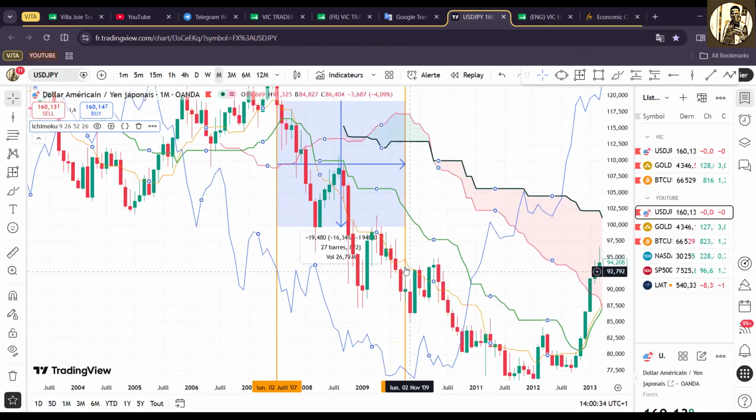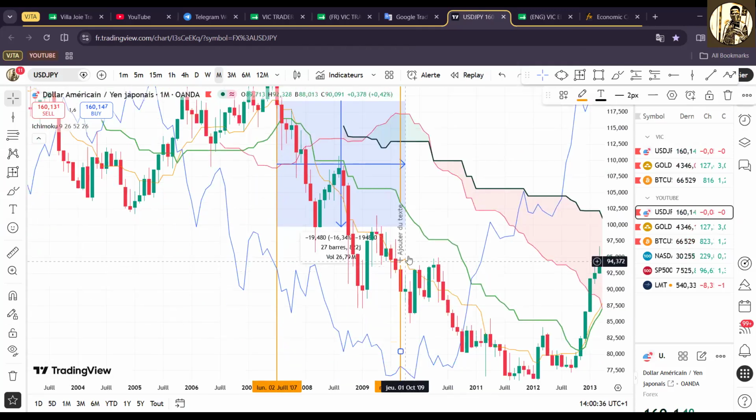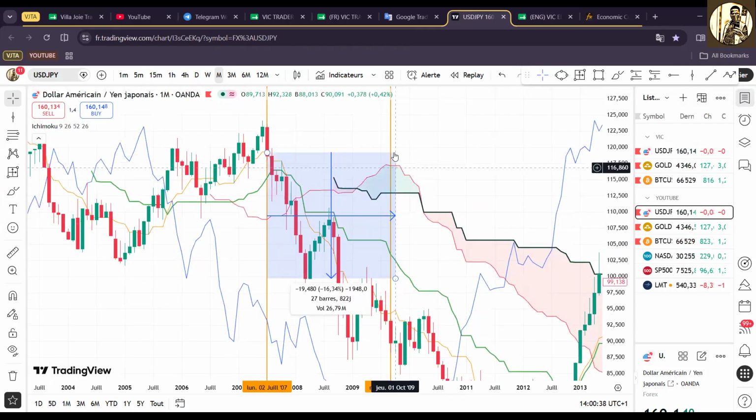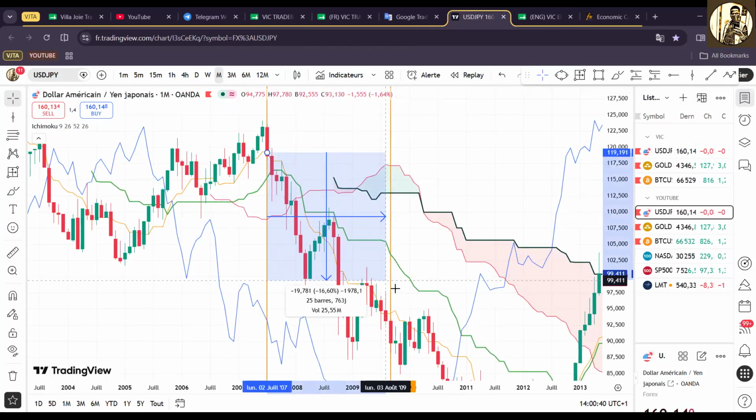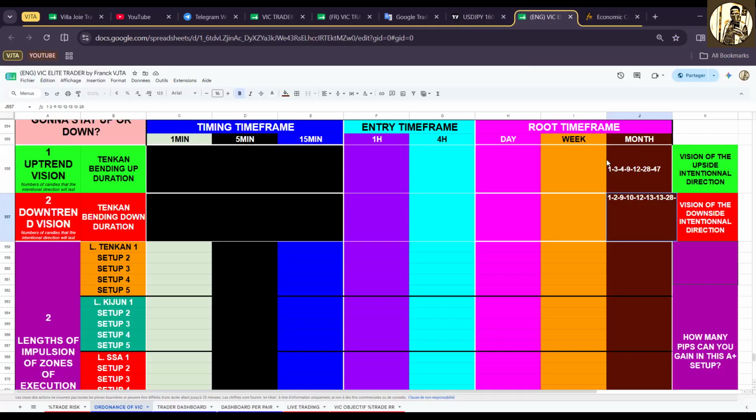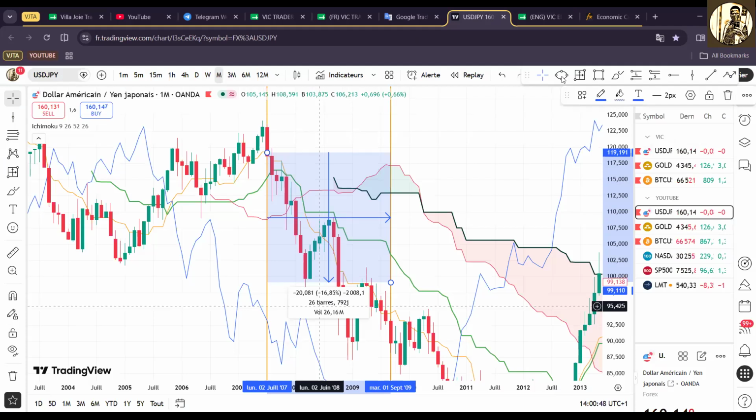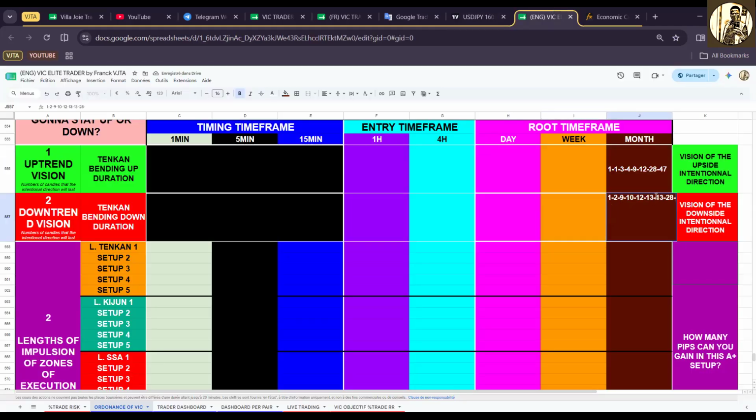And then this small uptrend has been one bar, so I will not take it into account because I already have two of those, like I have one again here. So this downtrend will be 26 bars. So I'll have 26.